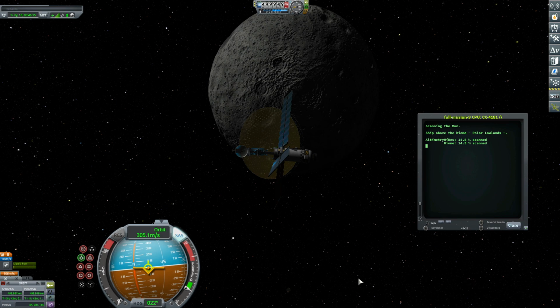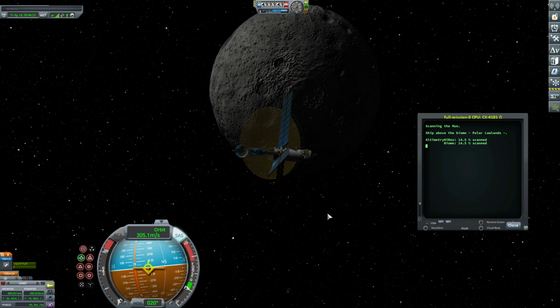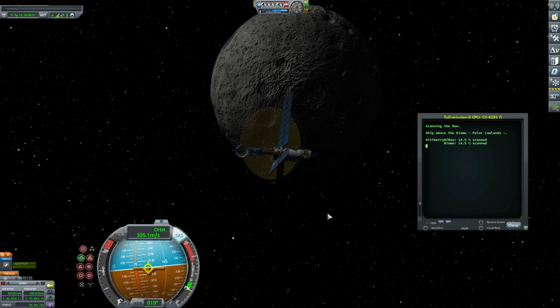So we talked about this in the last episode, and today I want to show you how I did my transfer, how I put my maneuver node in the exact position to go to the Moon. For that you don't need to understand a lot of kOS.